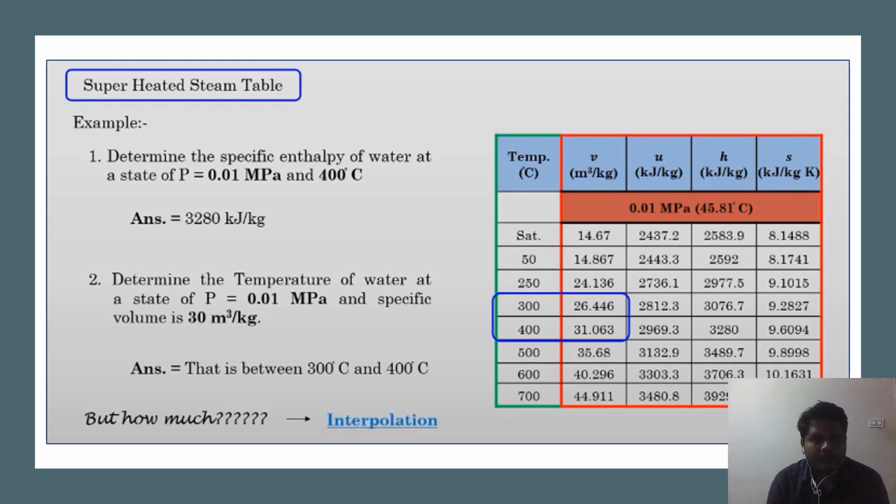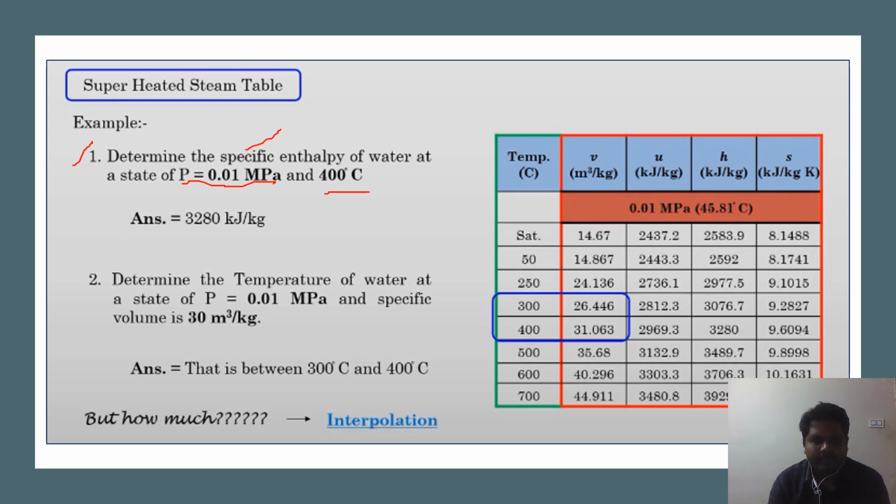Now let us see an example on the superheated steam table. This is the first example. Determine the specific enthalpy of water at a state of P equals 0.01 megapascal and temperature 400 degrees centigrade. Here we have to find the specific enthalpy.